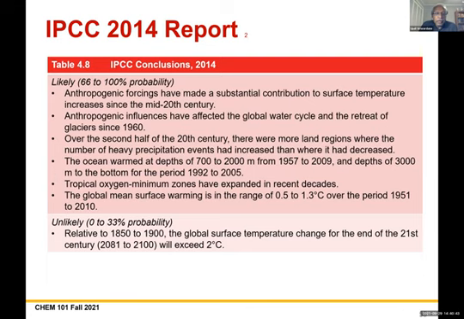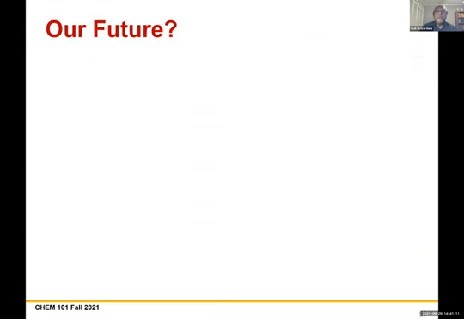Unlikely, but 0 to 33 probability relative to 1850 to 1900. Global surface temperature from 2081 to 2100 will increase by 2 Celsius degrees. Now, these are the conclusions.